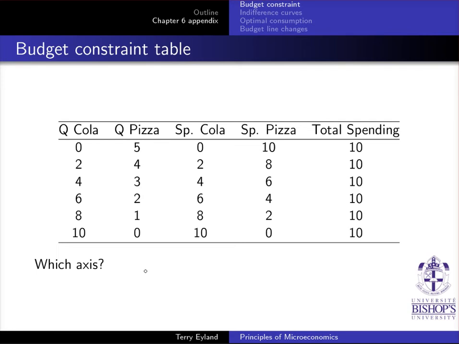Okay. So I'm going to represent this graphically because we see that all the intermediate possibilities are the same, and the trade-off between cola and pizza is always the same. We're in a situation here that pizza is always double the cost as cola is. Okay. So here, let's represent this graphically.